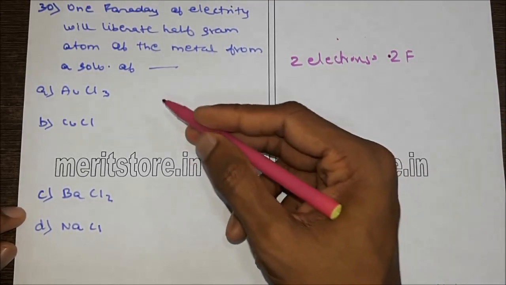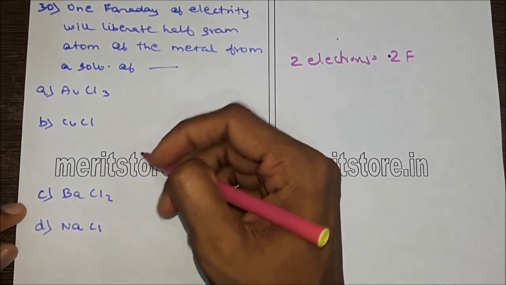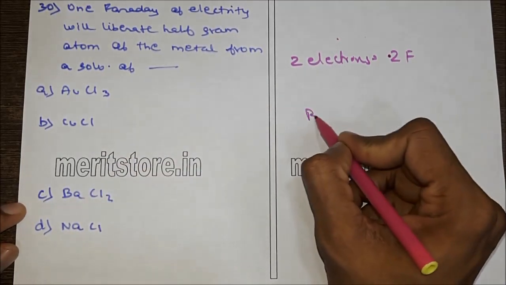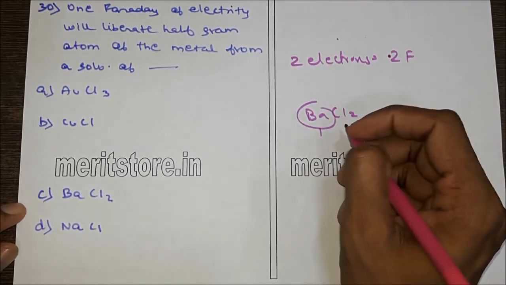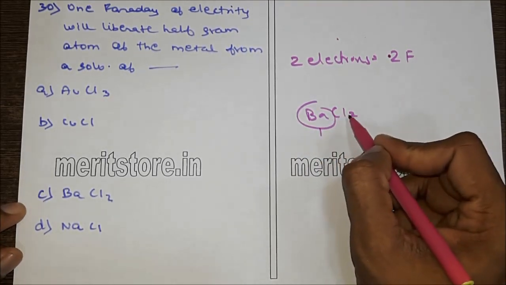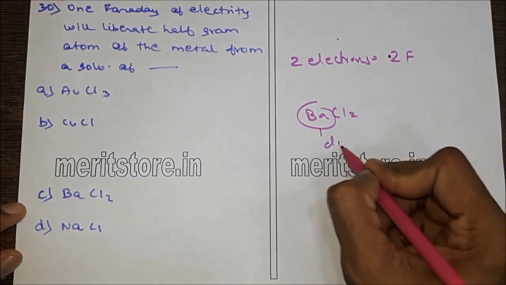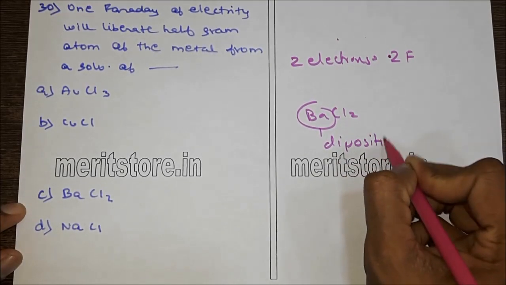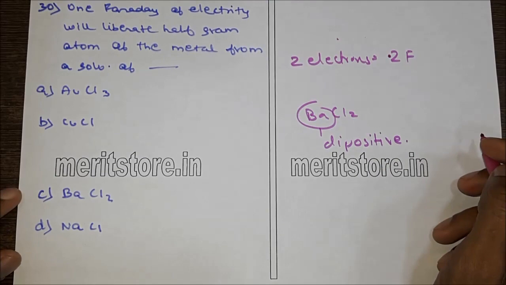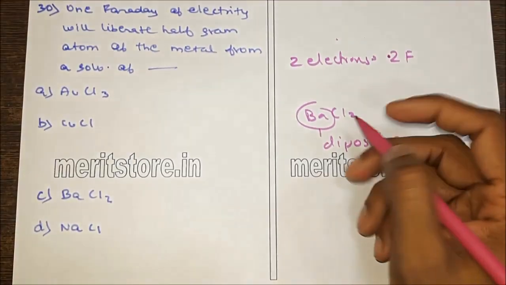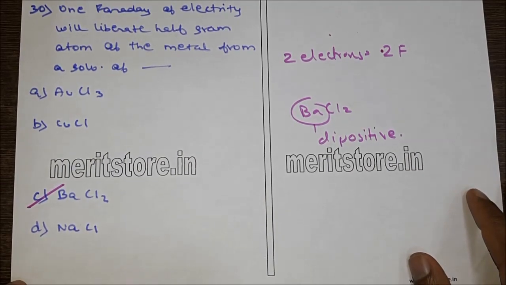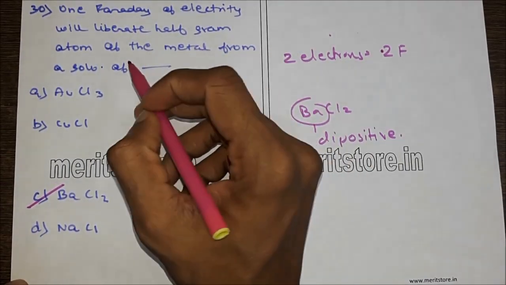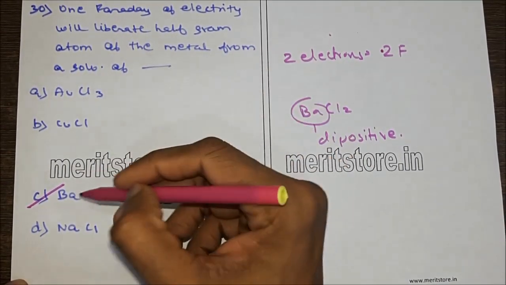Among the given options, Ba in BaCl2 is divalent positive. Therefore, option C is the correct answer. That is, 1 Faraday of electricity will liberate half a gram atom of the metal from the solution of BaCl2.